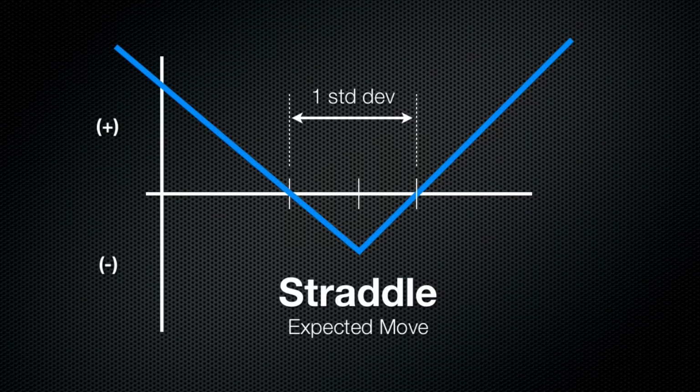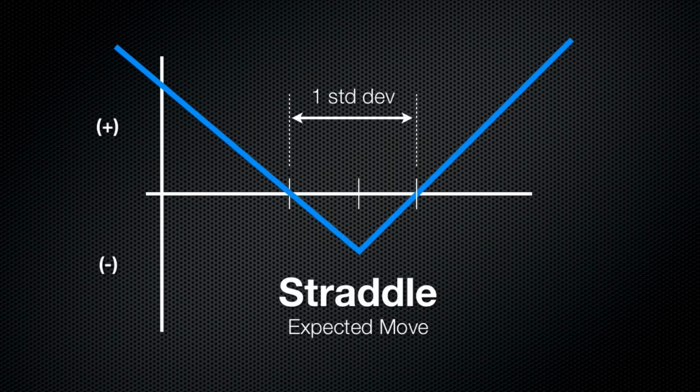So, for instance, if you wanted to know what the expected move of a particular stock is going to be the next day, you would do an at-the-money straddle. Okay, you'd buy an at-the-money straddle with the weekly. That would give you the most up-to-date view of where the market thinks that stock is going to go the following day.